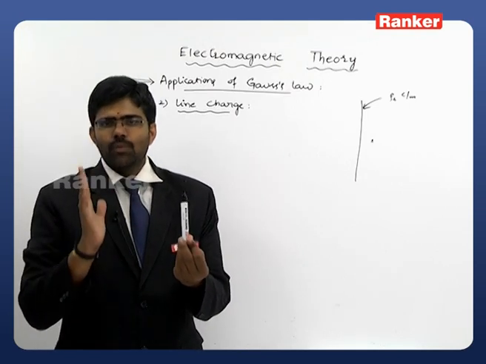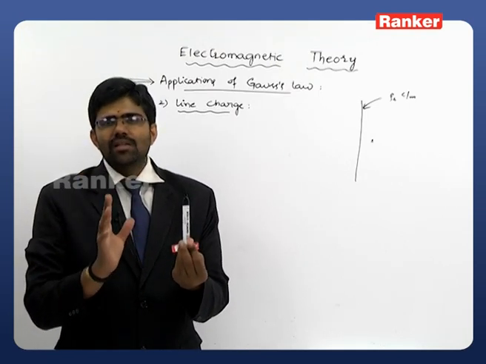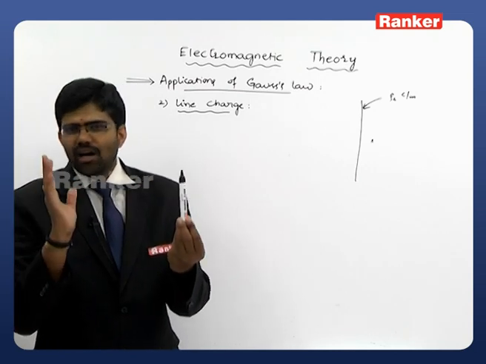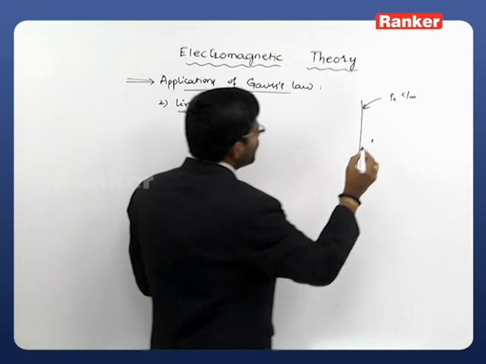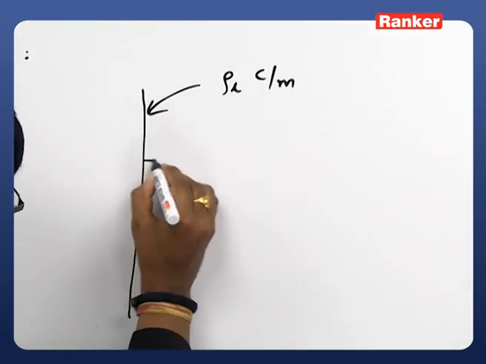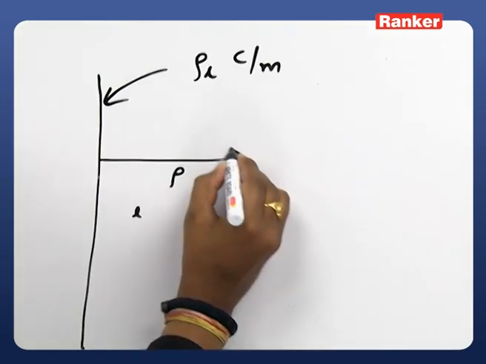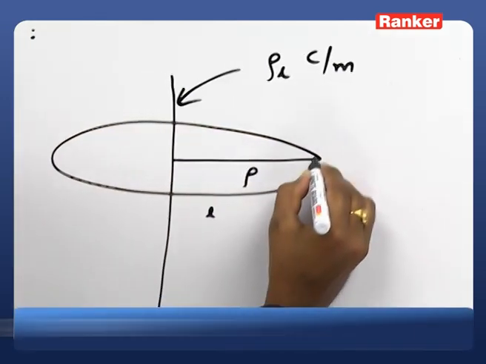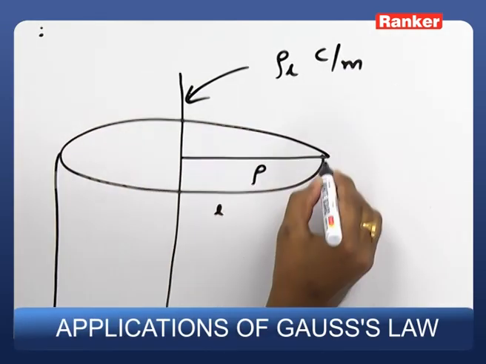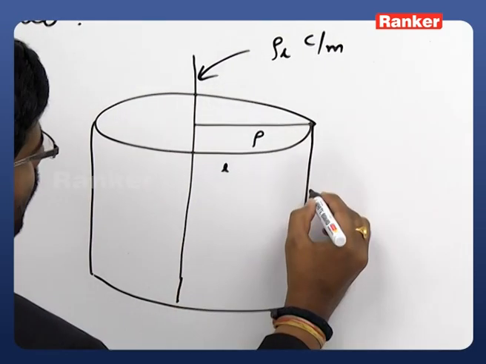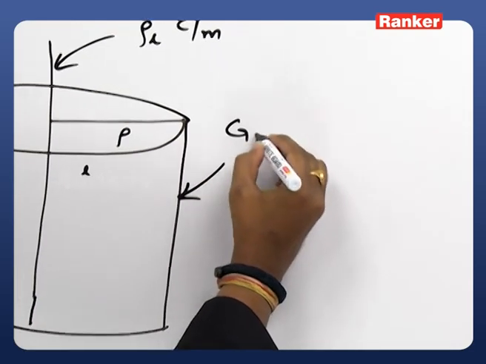That imagination is required here. So I will form a cylinder with some radius rho around this line charge, and this cylinder will be treated as the Gaussian surface.